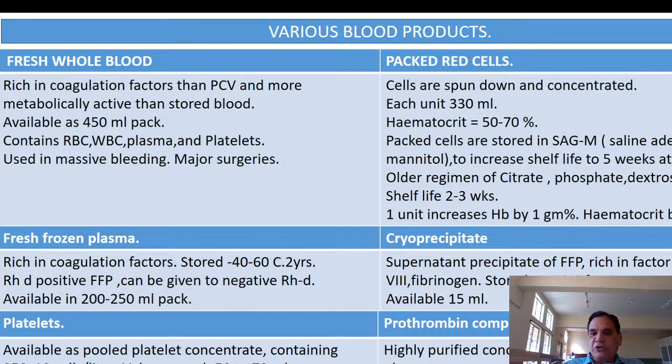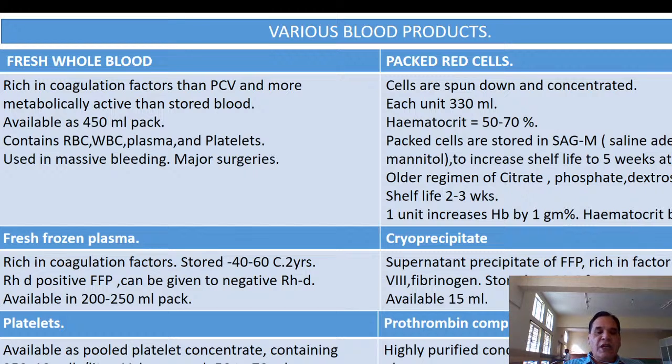The advantage of this medium over the routine CPD medium is that it can be stored for 5 weeks, and in CPD, you can store them for 2 to 3 weeks. PRC, packed red cells, will increase hemoglobin by 1 gram per cent and the hematocrit value, that means concentration of RBC, by 1%.